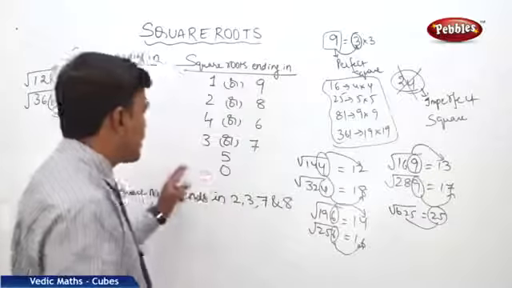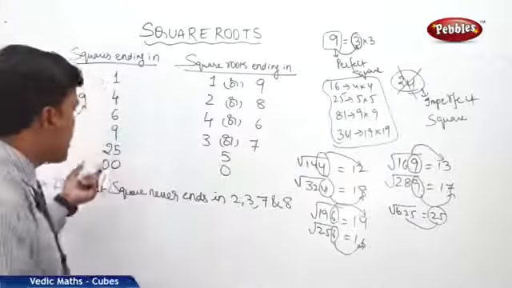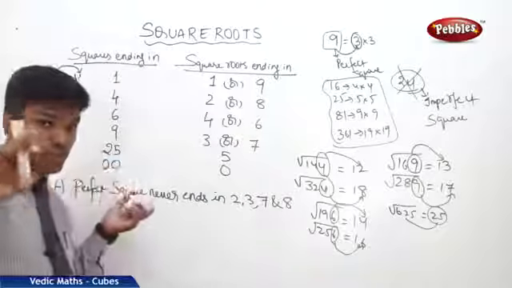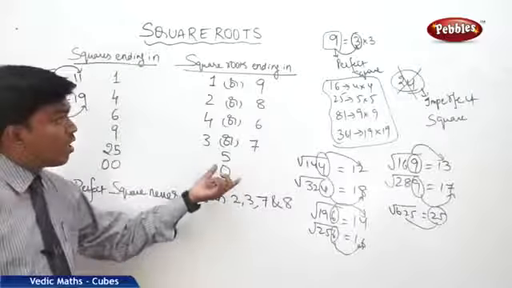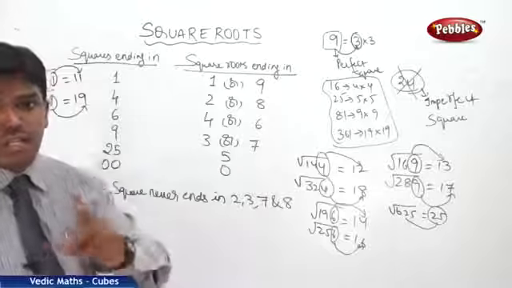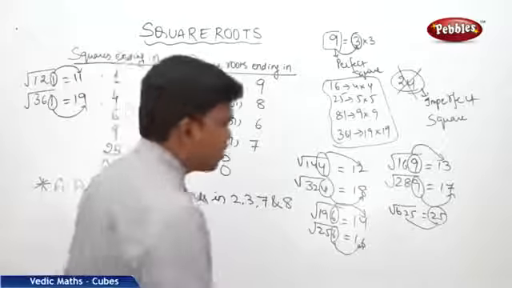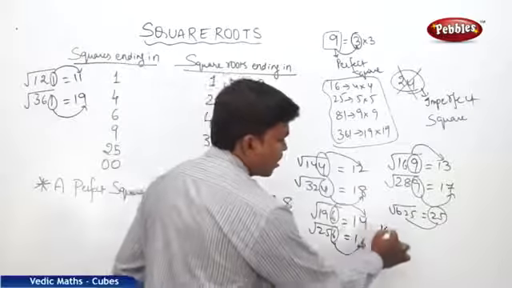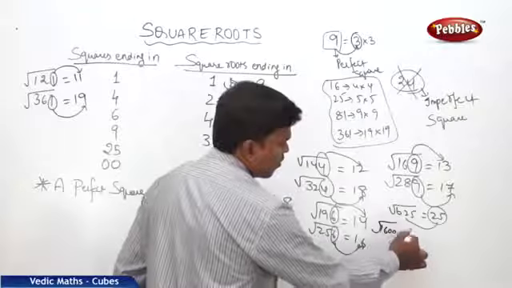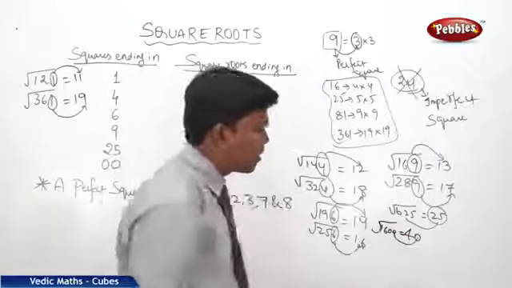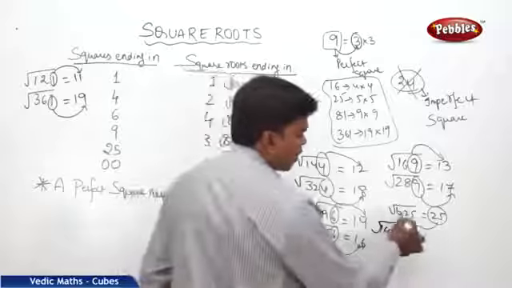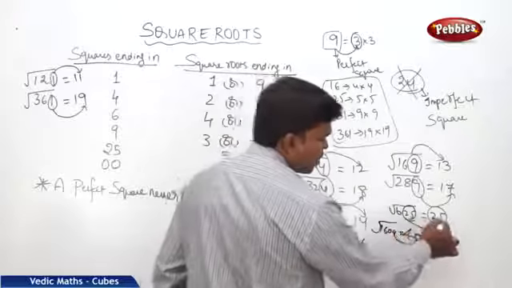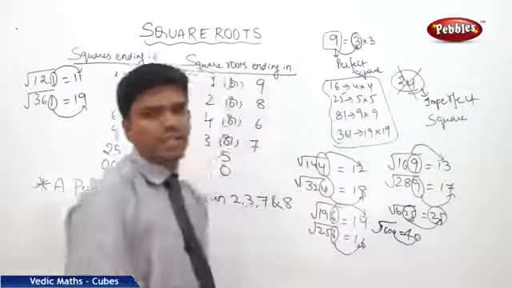Here it is 5, there it is 5. If a perfect square is ending in 2 zeros, then the square root is also ending in a 0. Example, suppose 1600. What is the square root of 1600? 40. Yes or no? If a square number is ending in 25, its square root is ending in 5.